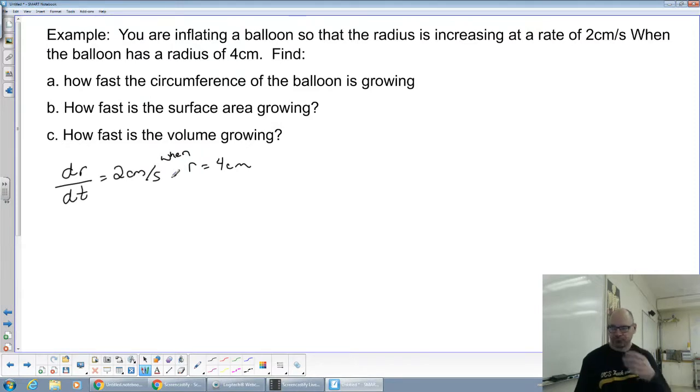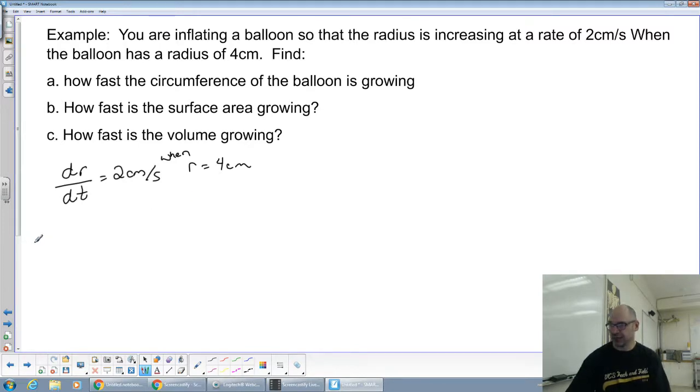Okay? And we're all looking at a specific point in time when it's 4 centimeters. After that, it could change because you could slow down or speed up. But let's just say that you were doing that and you wanted to find it out at 4 centimeters. Okay? So that's what we know.